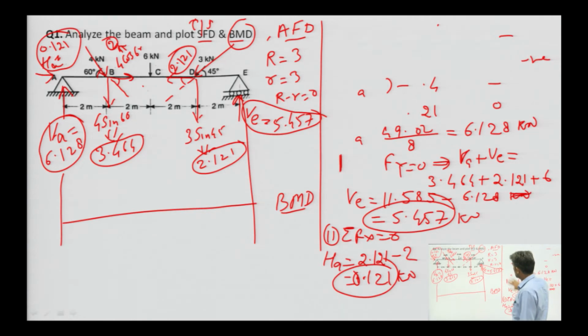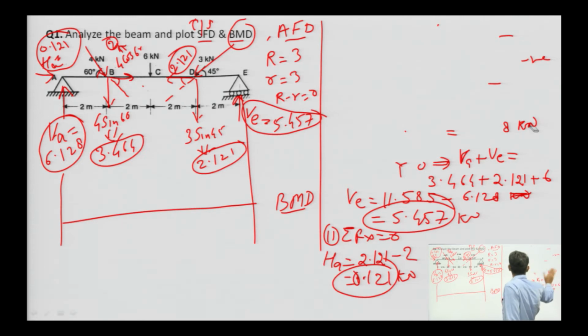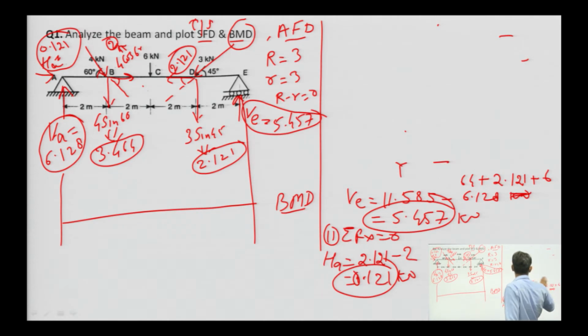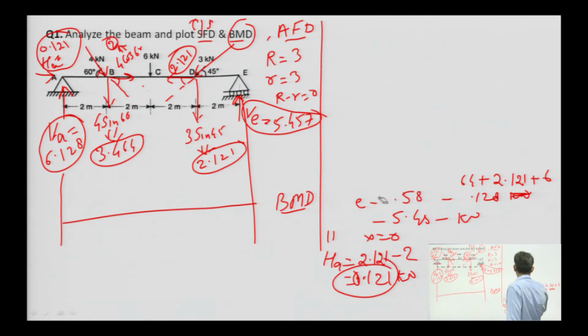So, we will calculate the bending moment at different points: first of all at point D, then at point B, then at point C. Okay. And then we will be able to plot the BMD.